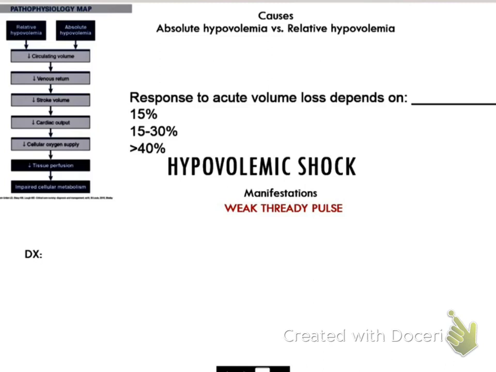So diagnostics for hypovolemic shock, what do you think we're looking at? Electrolytes, hemoglobin and hematocrit, definitely. Lactate, ABGs, good.